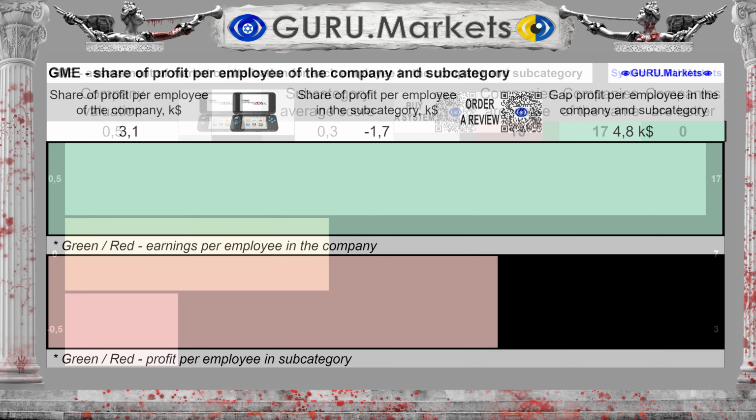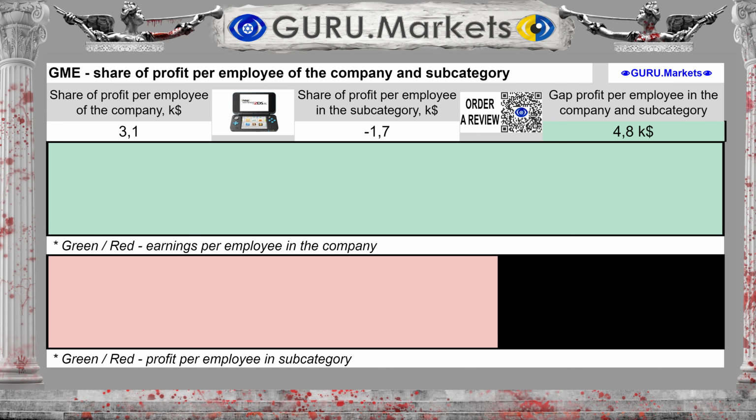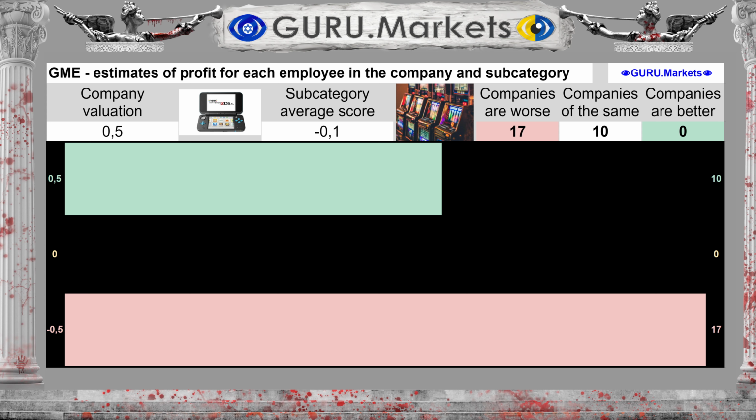The profit per individual employee is $3,100. The average for the subcategory is -$1,700. The difference between the subcategory average and the company's performance is $5,000. Estimation of profit per company employee in comparison with indicators in the subcategory.